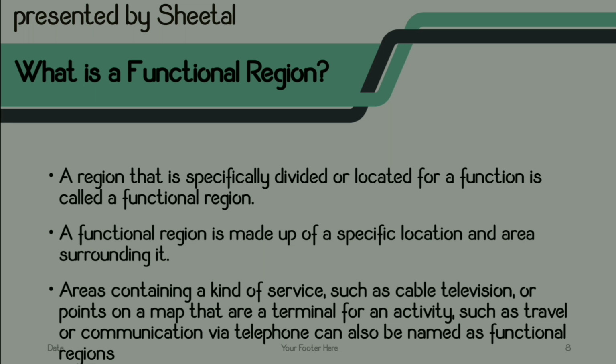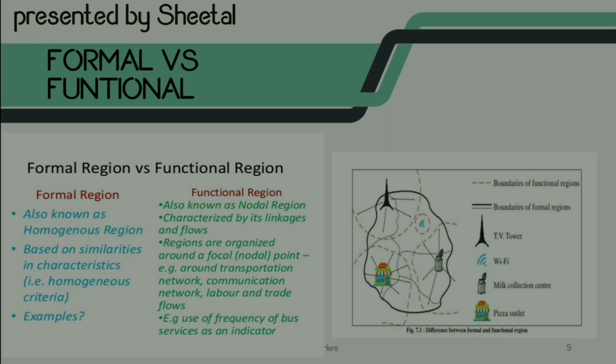Areas containing a kind of service such as cable television, or points on the map that are terminals for an activity such as travel or communication via telephone, can also be named functional regions. Any place which is connected with other places, helping them develop with the use of different functions like cable, communication, transportation, and trade, can be seen under the functional region.